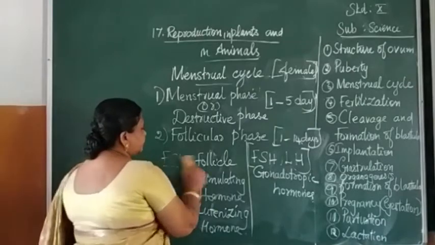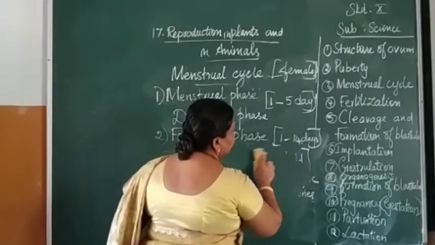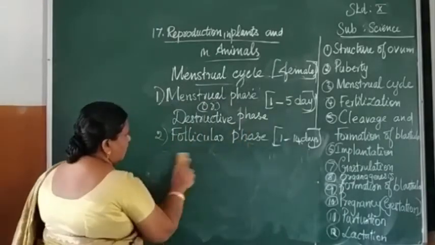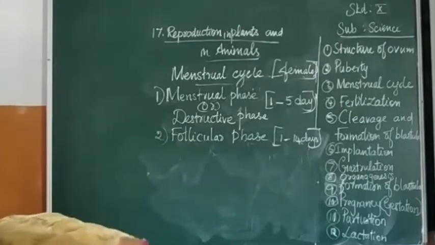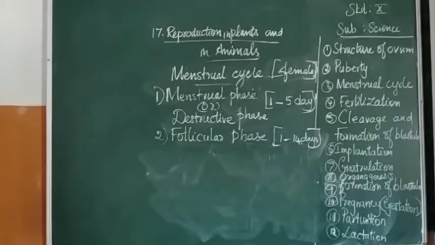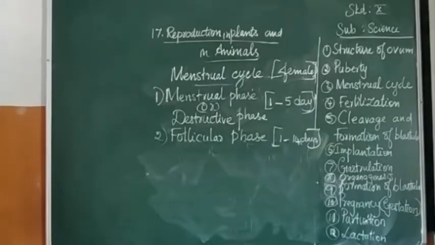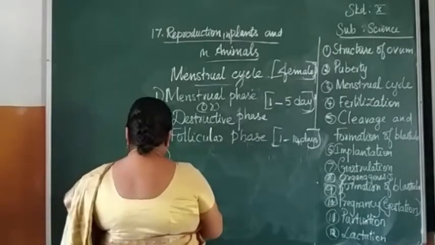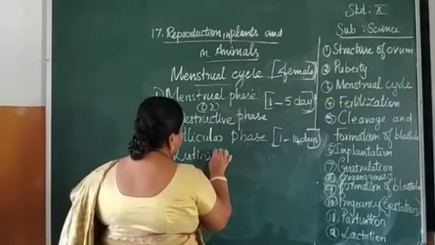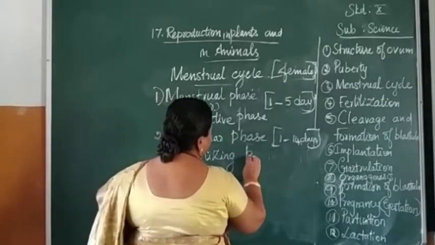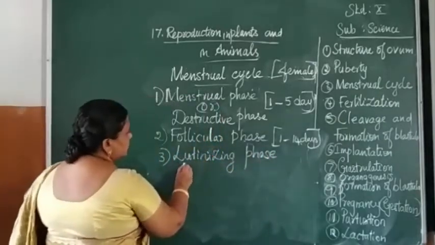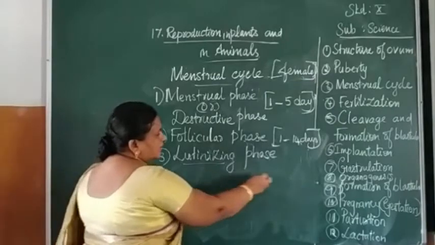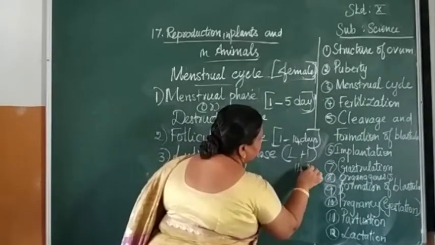Now third stage. Luteinizing phase. In this phase, most of the LH hormone will be produced and it is on the 14th day.